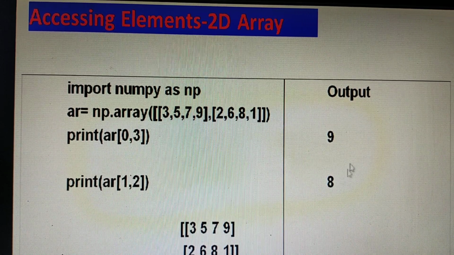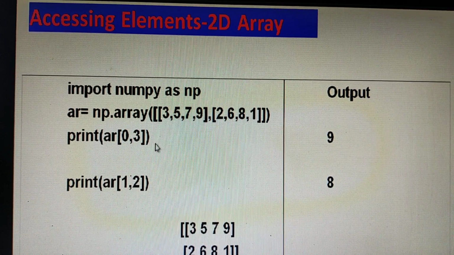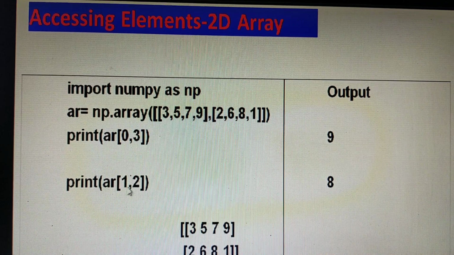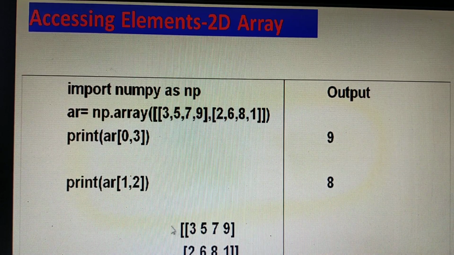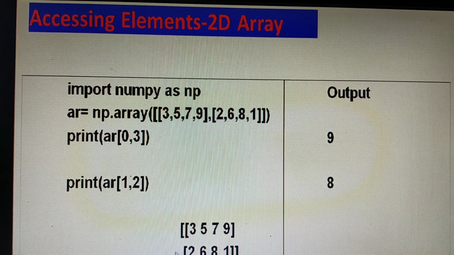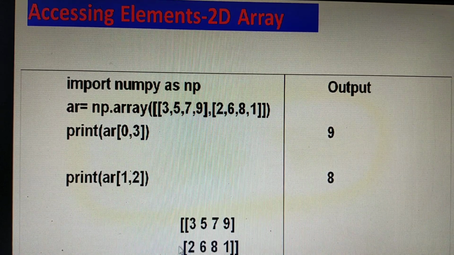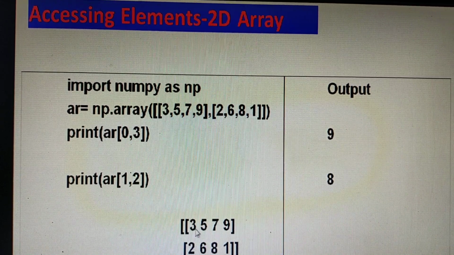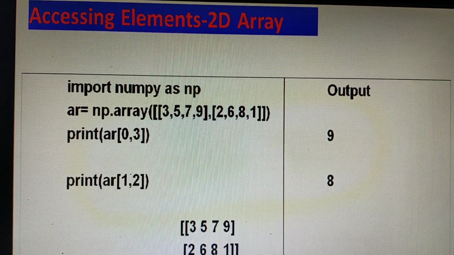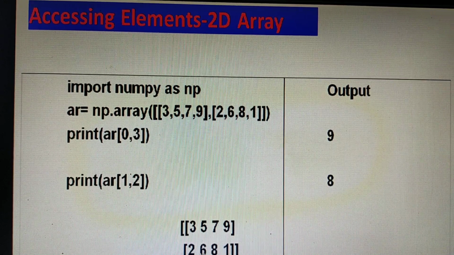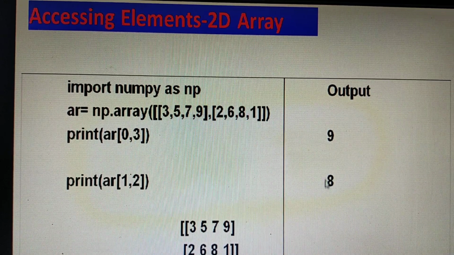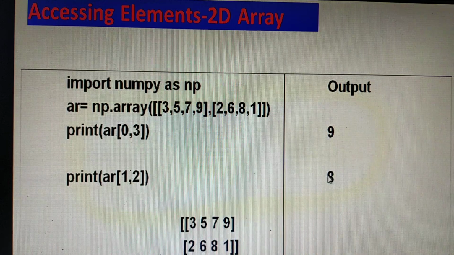So 9 will be accessed from this command. Now 1, 2: this row is the 1 index, and 2 is the column index 0, 1, 2. So 8 will be accessed from this command.